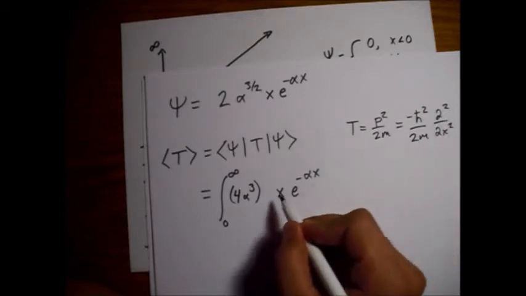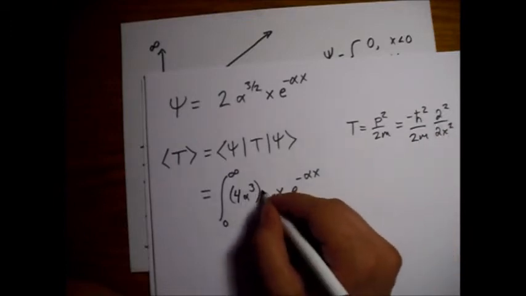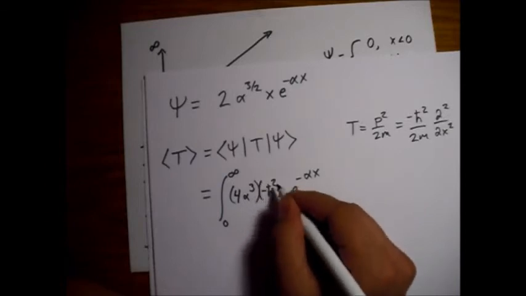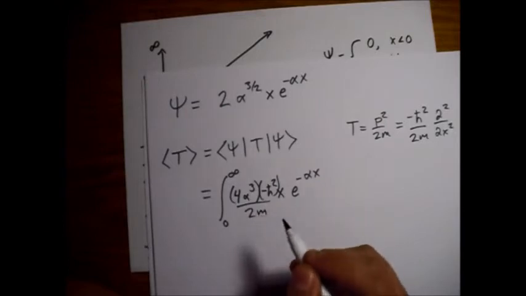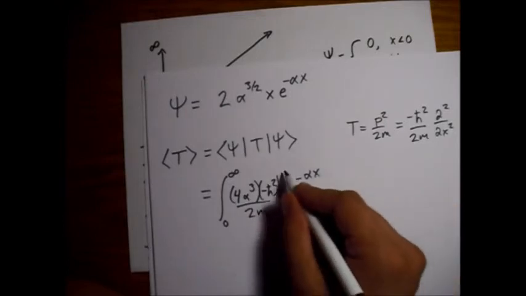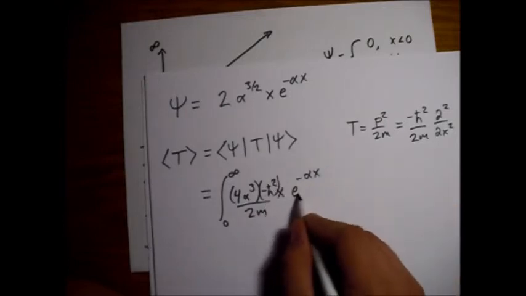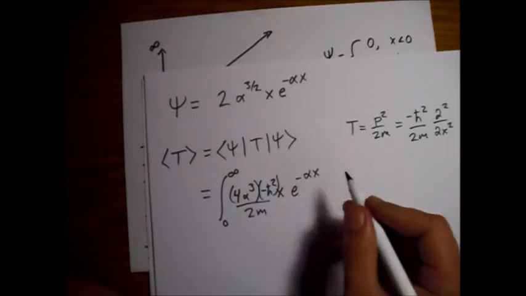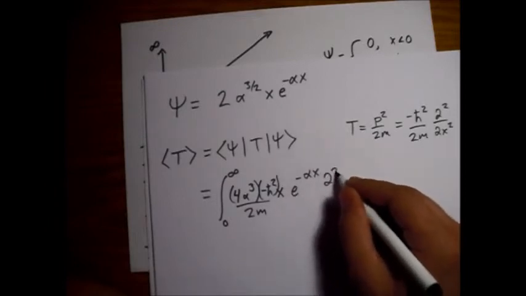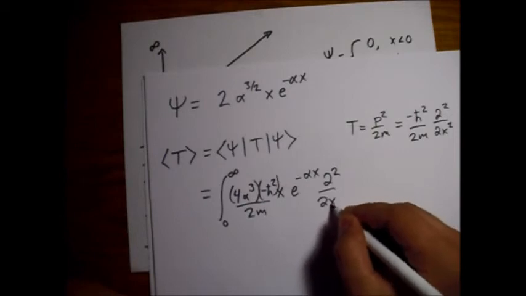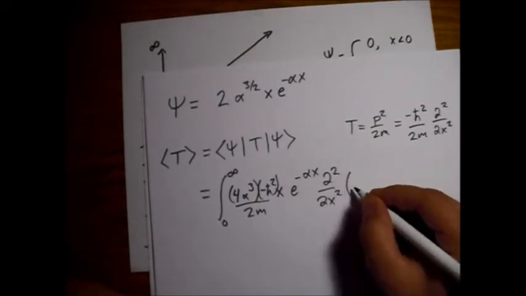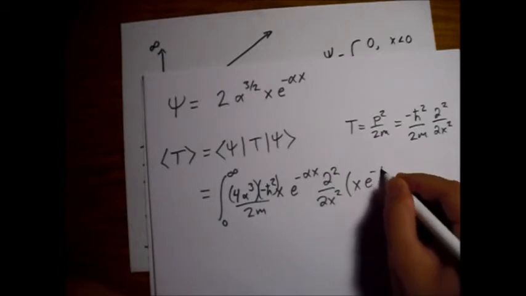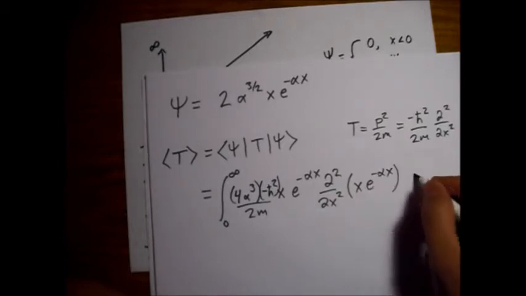Oh, and I should have also brought out our minus h bar squared here, and 2m. Okay, it's getting kind of jumbled in here. There's an x e to the minus alpha x here, and then we've got our double derivative with respect to x of, again, x e to the minus alpha x.